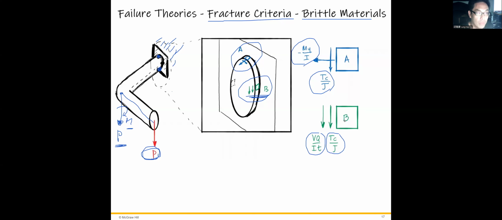You have to know what kind of stress is the key vector to cause failure, so you have to imagine what kind of stress is applied to point A or point B, or some point inside here. You know what I'm saying?